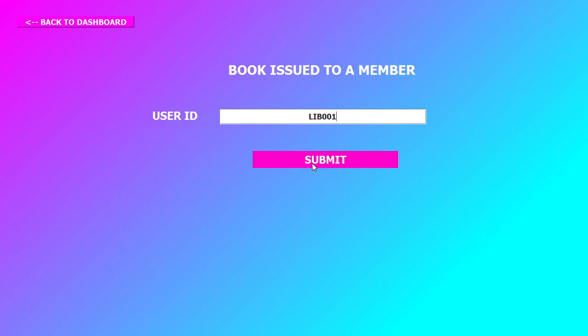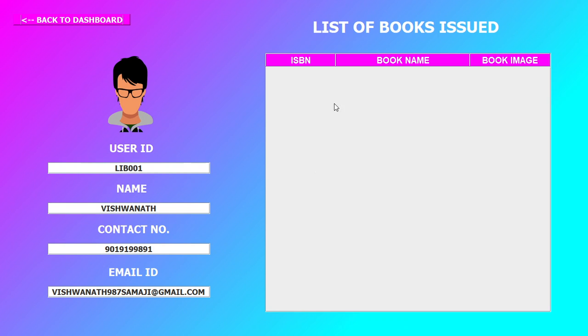After clicking the submit button, it will show the member details with user ID, name, contact number, email ID, and on the right side it shows the list of books issued to this member. As we have not issued any book to this member, it is empty.